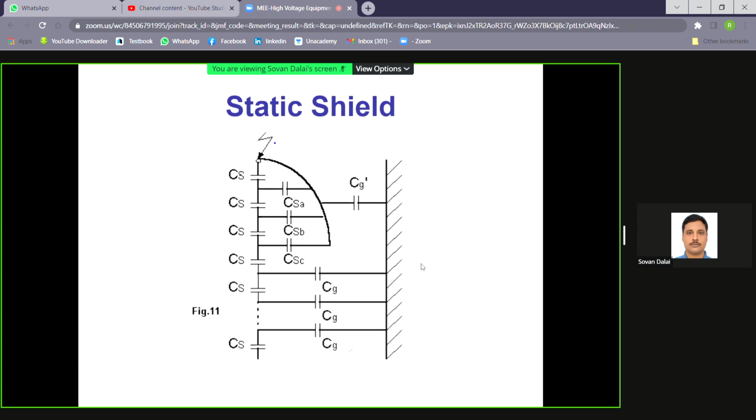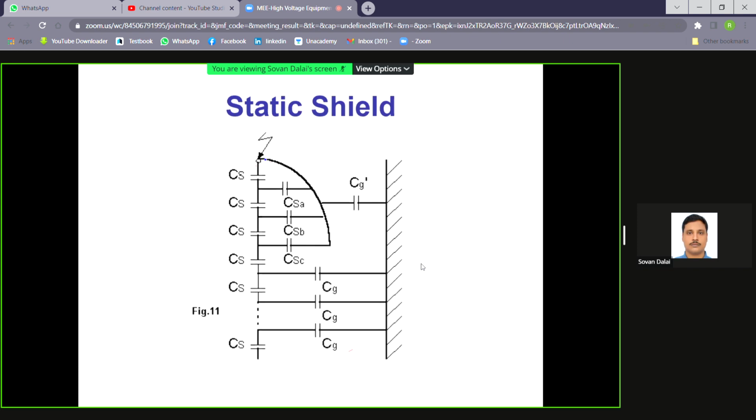We use the static shield for the linearization of the potential distribution along the transformer winding. So what is the static shield? A static shield is nothing but a copper sheet which is placed at the top of the windings and electrically connected to the high voltage or live potential.